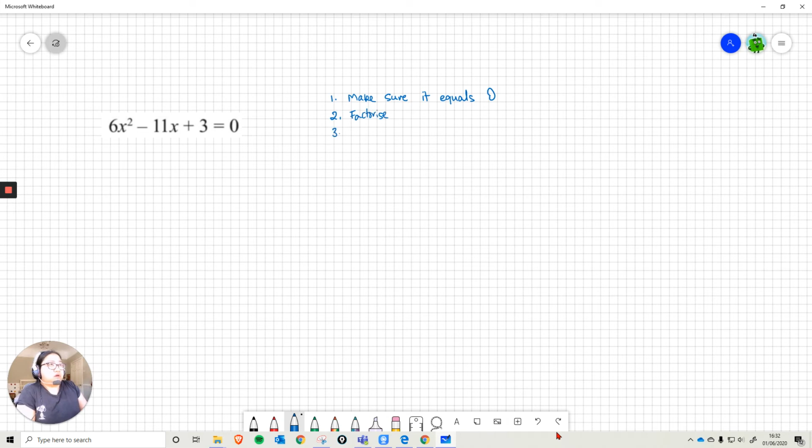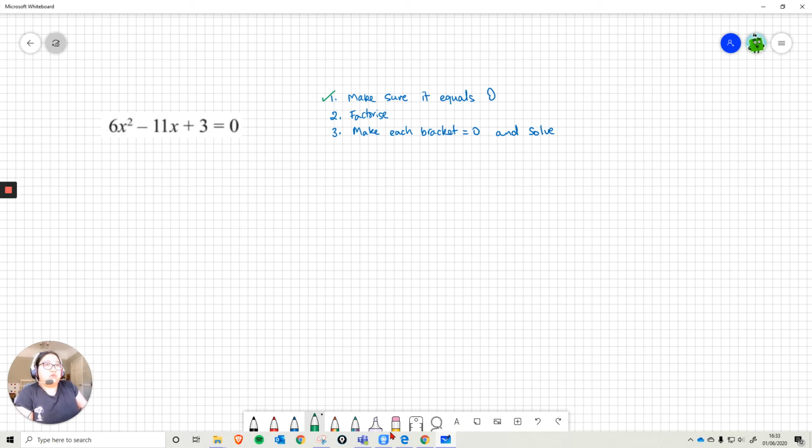And step 3, make each bracket equal 0 and solve. Okay, so we can see step 1 is fine. It's equal to 0. So we can just go ahead and factorize.